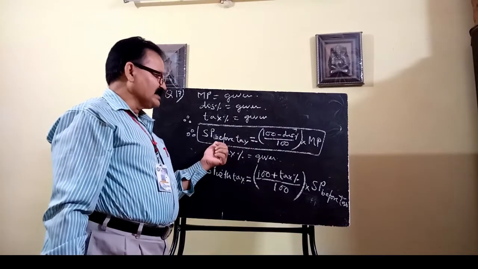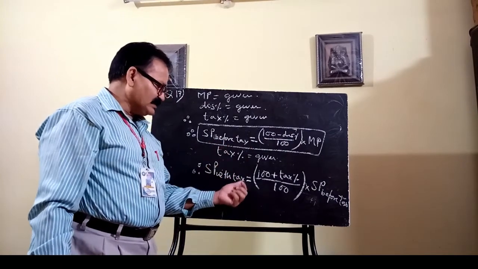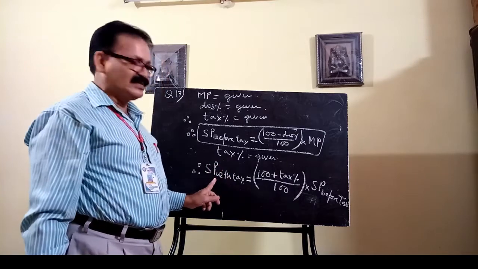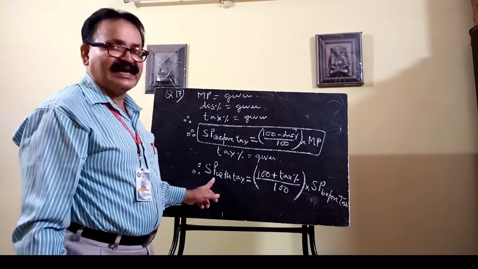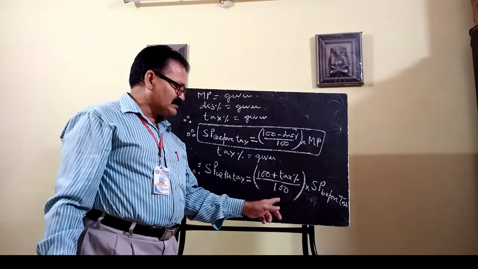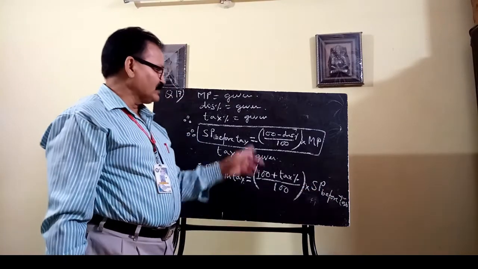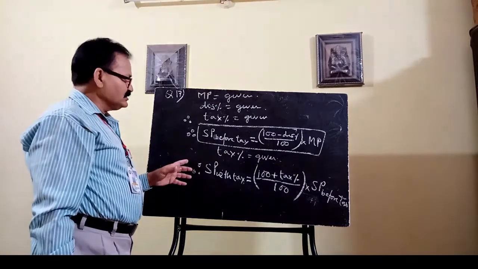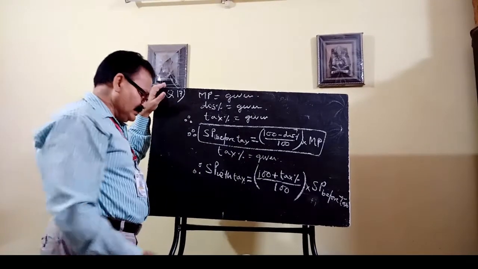Now tax percent is added here, and tax is always calculated on your SP. So SP inclusive of tax is 100 plus tax percent by 100 into the SP before tax that you have calculated here. Okay, so this is type 17.